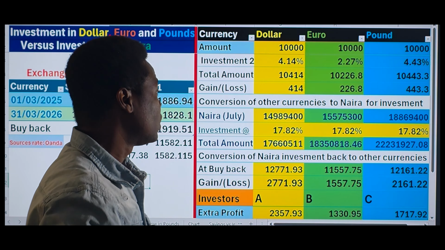As at the beginning of the investment, 1st of March 2025, the exchange rate of $1 to Naira was 1,498.94 Naira, while the exchange rate of €1 to Naira was 1,557.53 Naira.